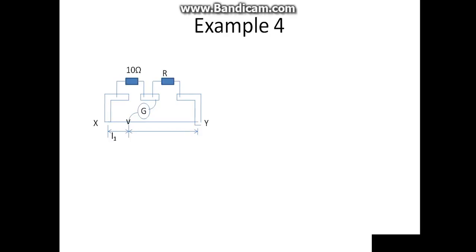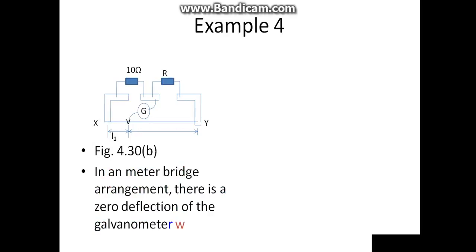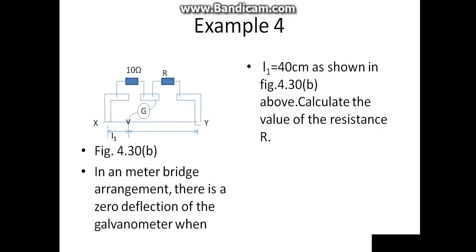Example 4. Looking at figure 4.30B, in a meter bridge arrangement, there is a zero deflection of the galvanometer when L1 is equal to 40 cm as shown in figure 4.30B above. Calculate the value of the resistance R. Solution.